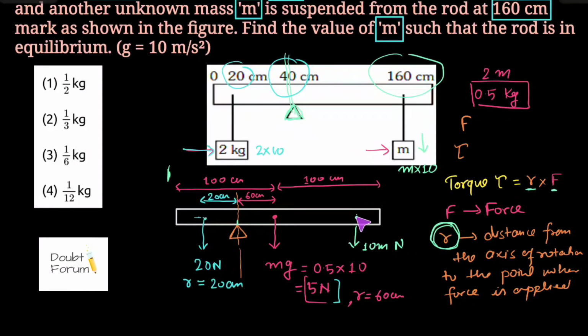So the distance from the axis of rotation to the point where the 10m Newton force is applied would be 160 minus 40, since the wedge is placed at 40 centimeter from the 0 point, and this equals 120 centimeter. So for this 10m force, the value of r would be 120 centimeter.